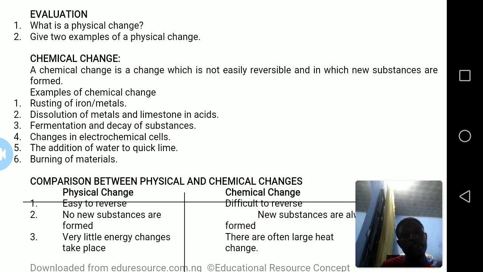Okay, let's carry on. The next one we have is addition of water to quick lime. Now you bought lime, orange or lemon. Let me use lime for example. You know lime, that's a tiny orange that is very sour.